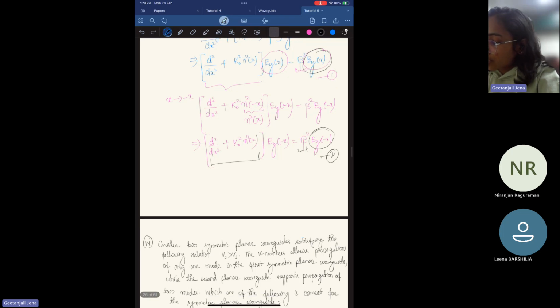So this is only possible when they are scalar multiples of each other, right? Let's say the scalar is lambda.